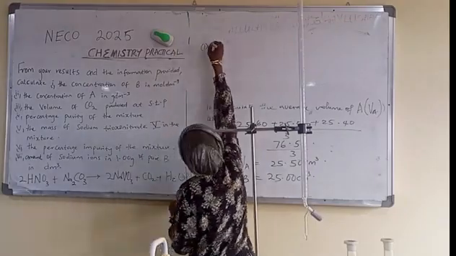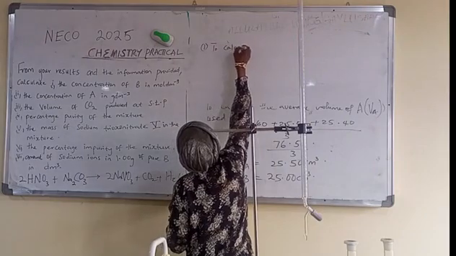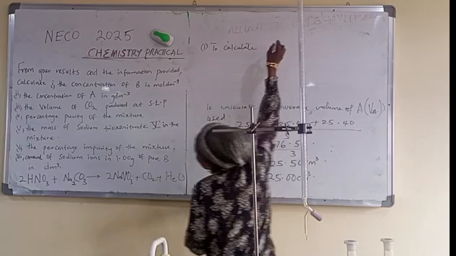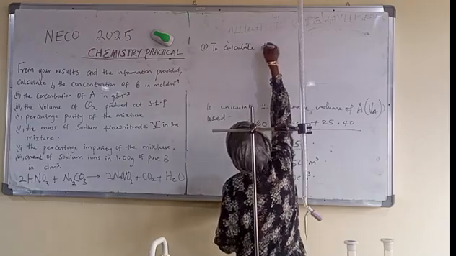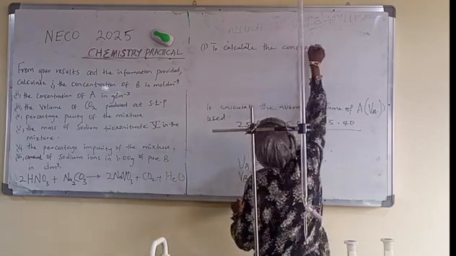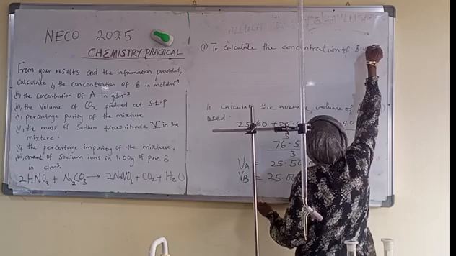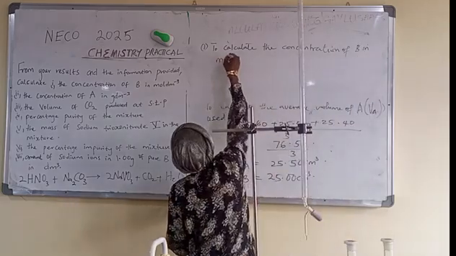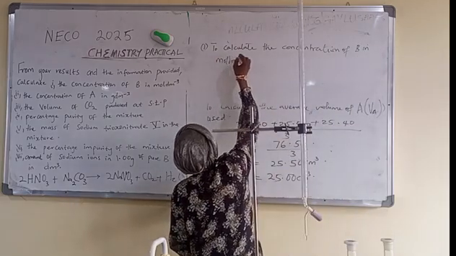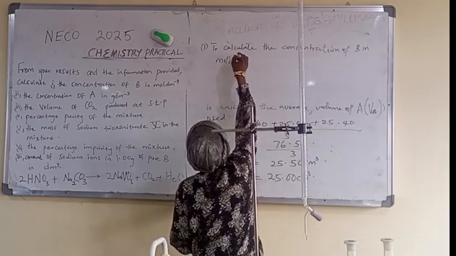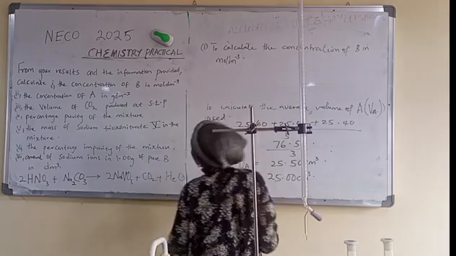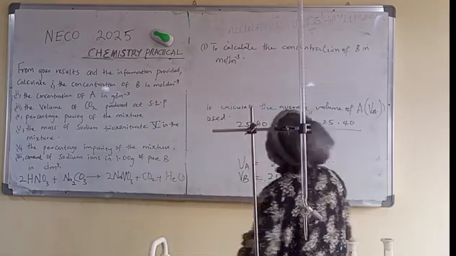Then I have to start with it: calculate the concentration of B in mole per dm³, as the question instructed us. So how do I go about this?